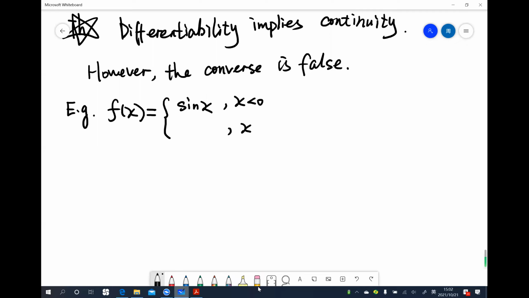If x is larger or equal to 0, the function is x. So try to find df by dx. Try to find the derivative of the function.